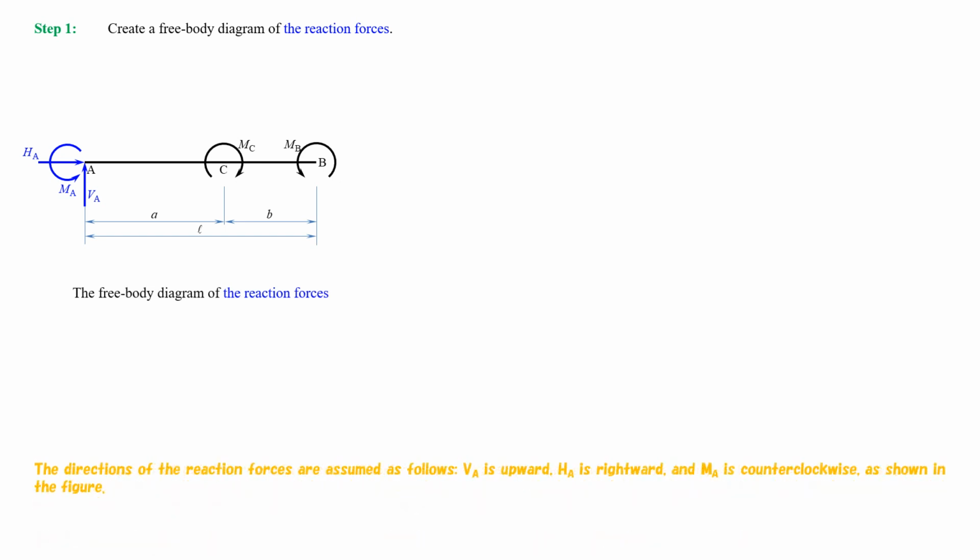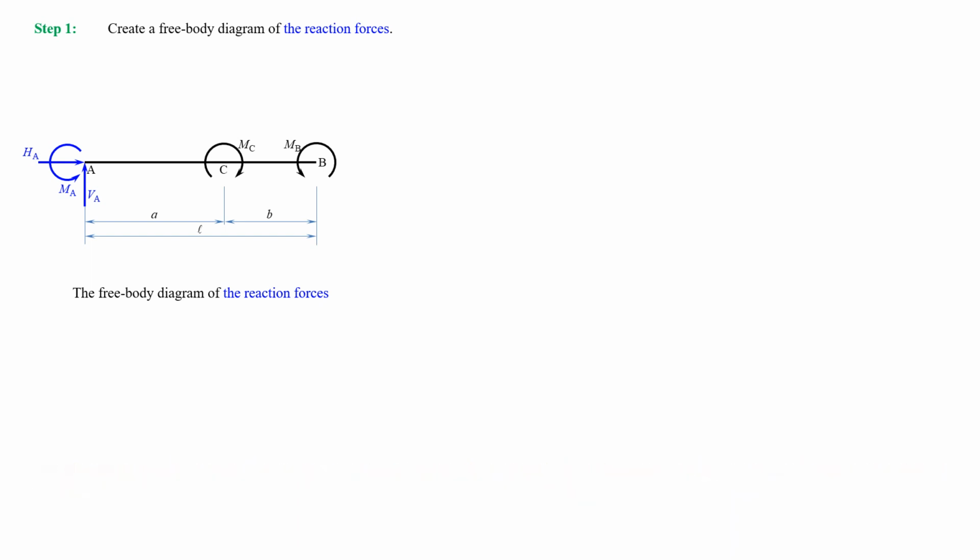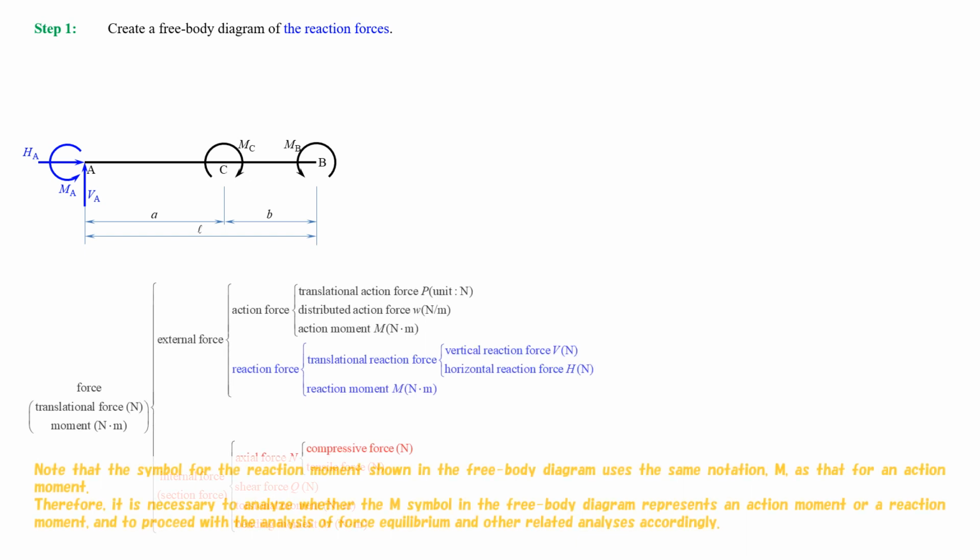The directions of the reaction forces are assumed as follows. VA is upward, HA is rightward, and MA is counterclockwise, as shown in the figure. Note that the symbol for the reaction moment, shown in the free body diagram, uses the same notation, M, as that for an action moment.